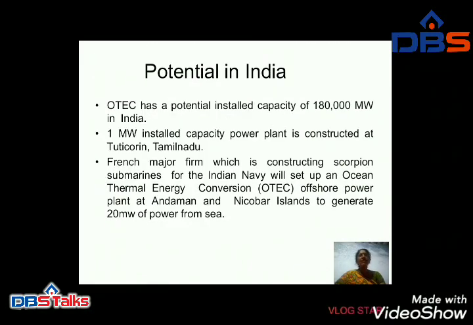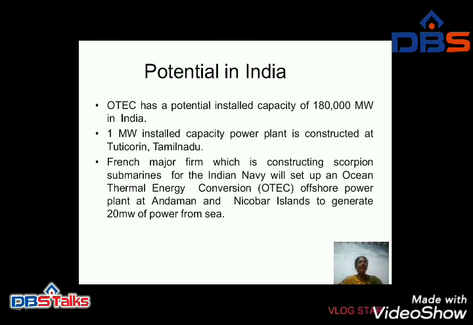And coming to the conclusion, this ocean thermal energy conversion is a potential source of renewable energy that creates no emissions. That means it is fuel free, and it has a low environmental impact, can supply pure water for both drinking and agriculture, supply refrigeration and cooling, and can provide coastal communities with reliable energy.